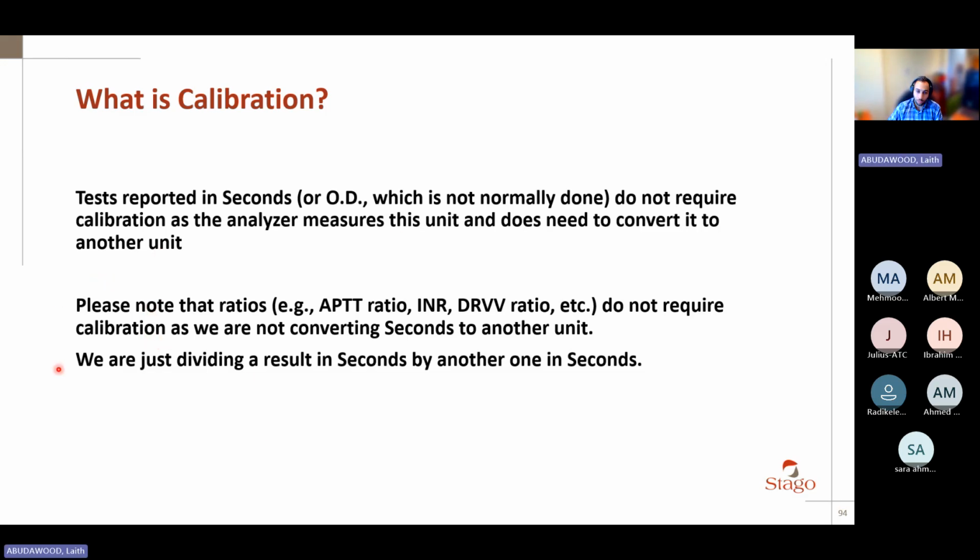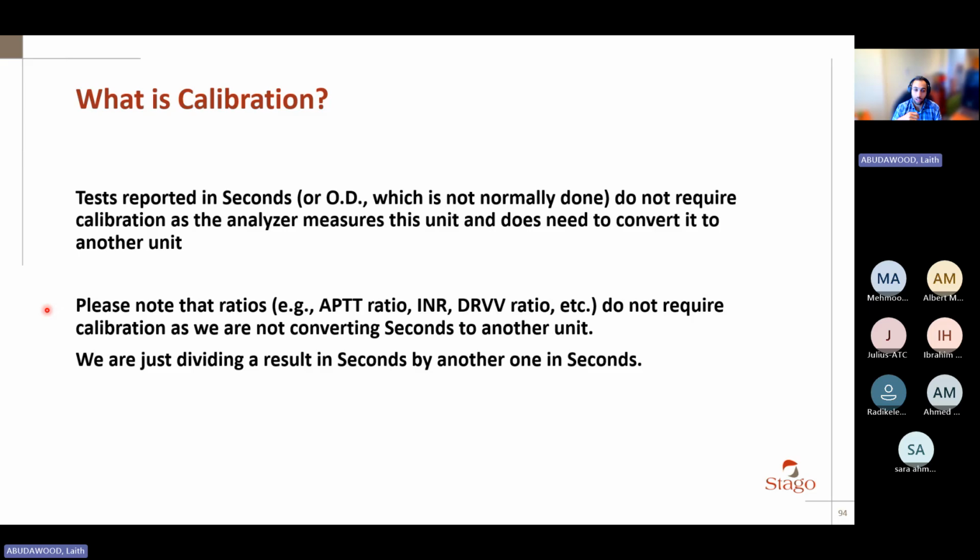Now, here, please note something. Second paragraph. When a test is reported as a ratio, like INR is a ratio, patient result divided by mean normal PT, the reference time, up to the power of ISI. This is considered a ratio. A ratio is not a different unit. Normally, you do not need a calibration for ratios.